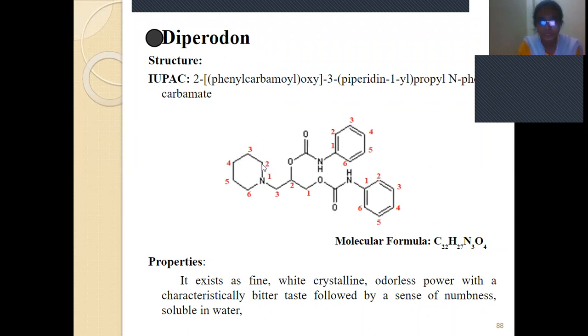So this is the piperidine structure, and these two are the phenyl structures, and this is the propyl, this is the carbamyl, and this is the carbamate structure.